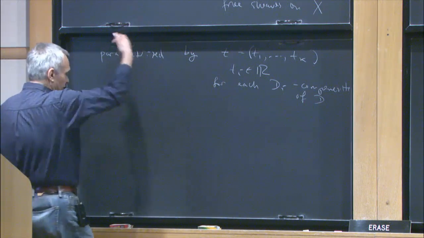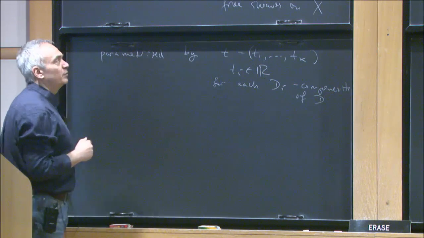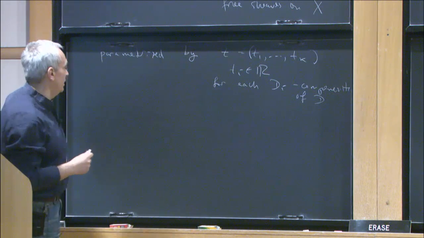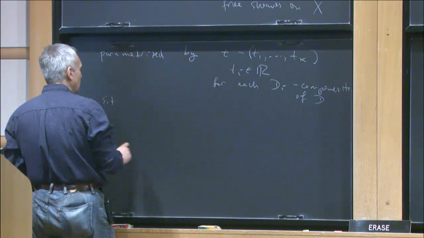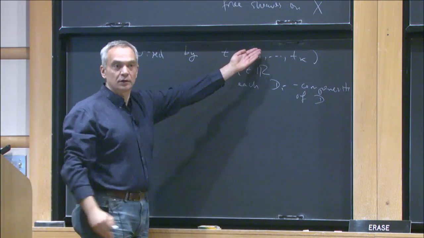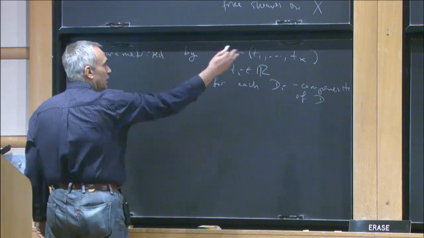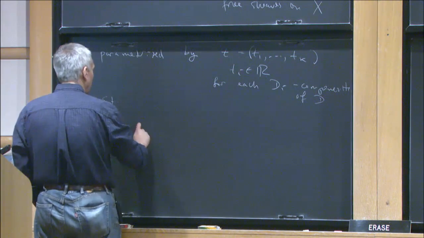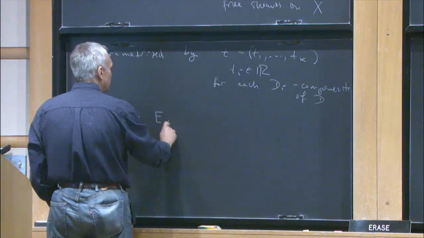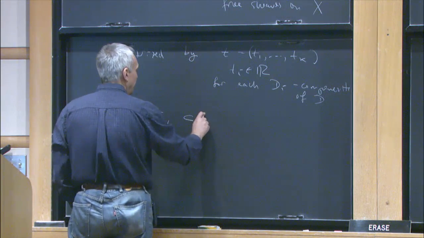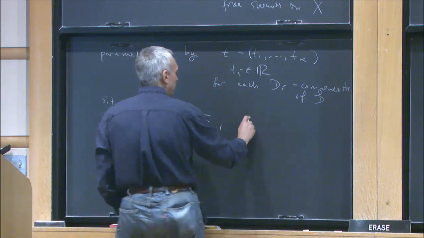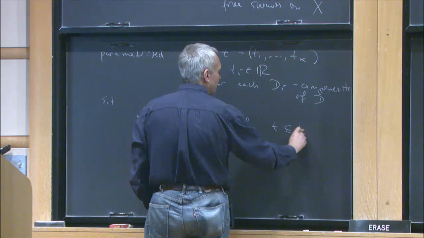And of course, you need some compatibility between the members of this family. So there is a natural order coming from the order on the reals, just component by component, and you want E_T to be contained in E_T' if T is less than or equal to T'.